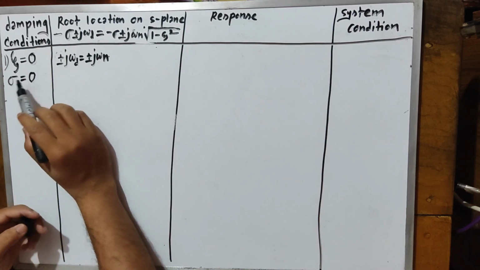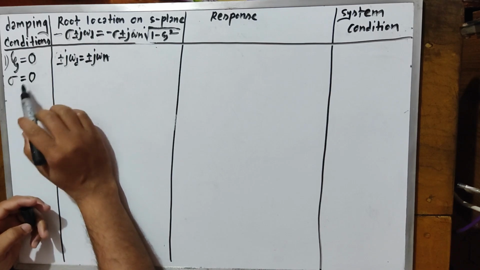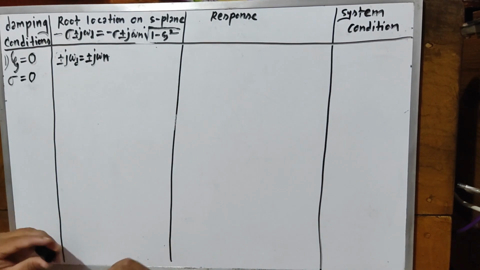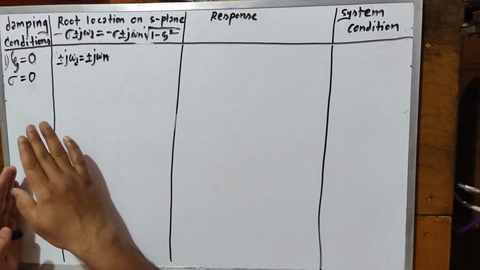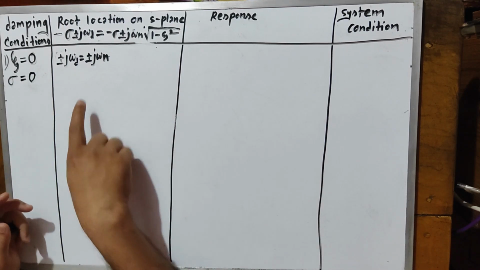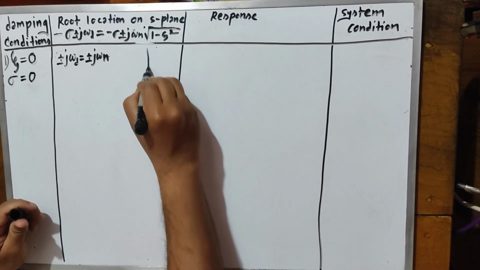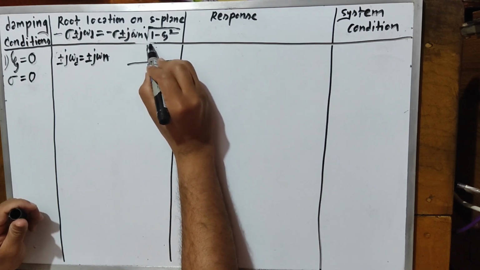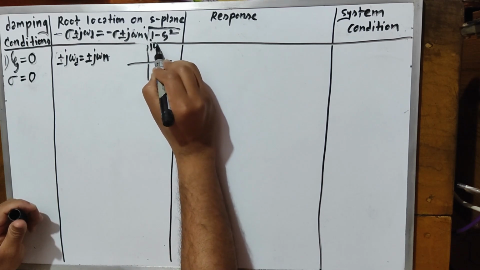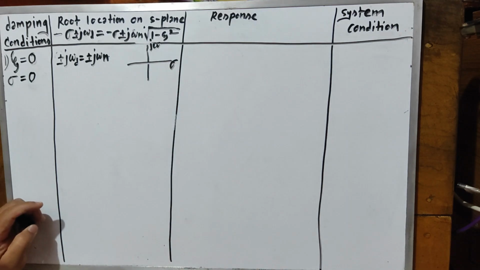So when the damping ratio is 0, the Napier frequency is also 0, and for this damping condition the roots will be plus minus j omega n. The root location on the S plane: this is j omega, and this is the Napier frequency, the real axis and imaginary axis.